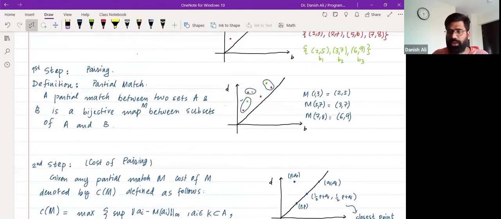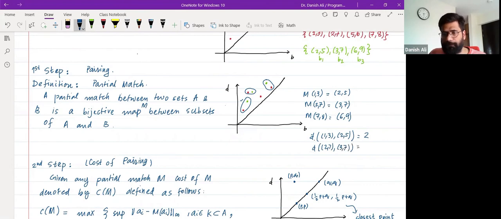The first one is the distance between these points. The infinite distance between (1,3) and (2,5) is 2, and the distance of (2,7) and (3,7) is 1, and the distance of (7,8) and (6,9) is also 1. So the sup of all these three distances is 2.